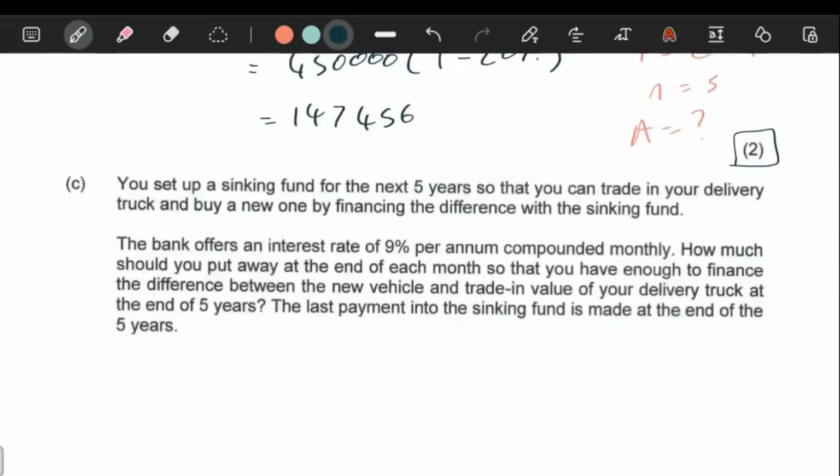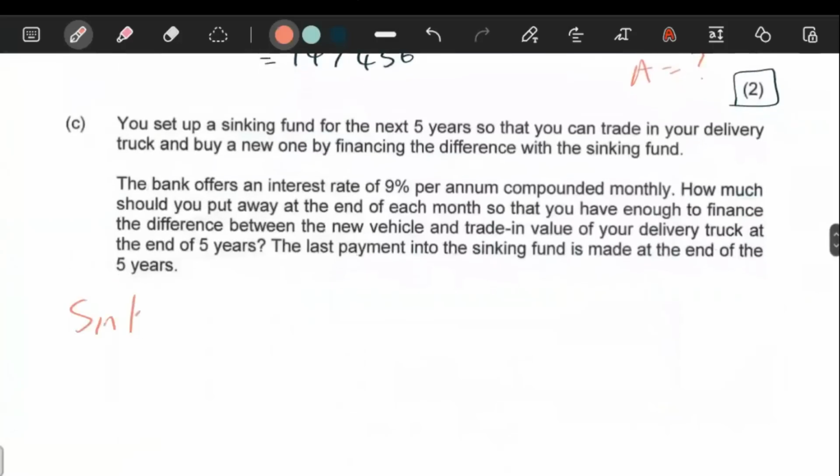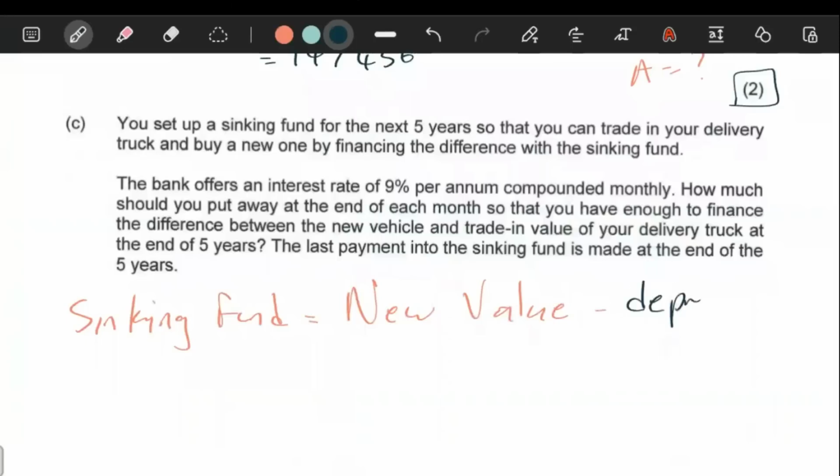So all this being said, C says, you set up a sinking fund for the next 5 years so that you can trade in your delivery truck and buy a new one by financing the difference with the sinking fund. So what that means is, remember, before we read the rest of the question, your sinking fund is equal to the new value of the truck minus the old value, or minus the depreciated value.